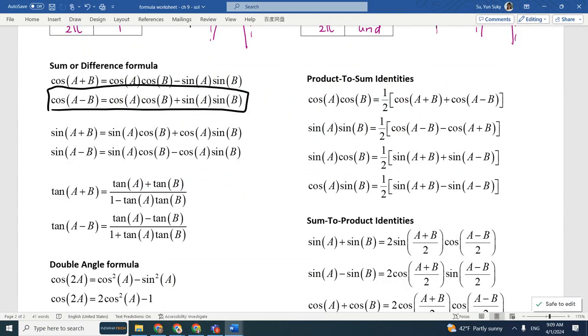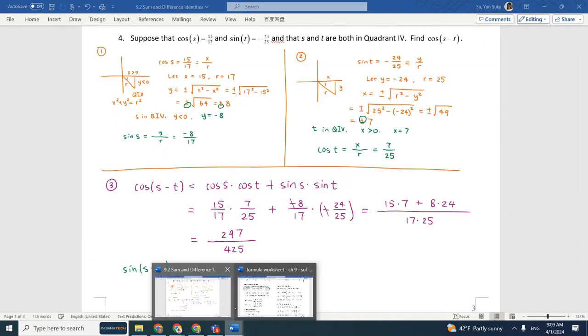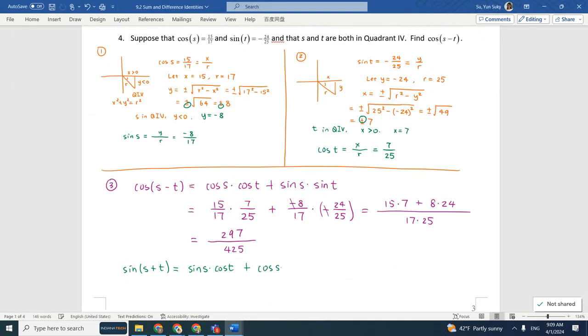Everybody? So we're using the first formula here. Is that okay, everybody? So we look at the formula and then plug in the values.